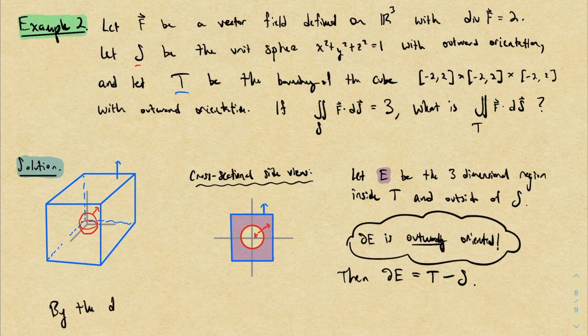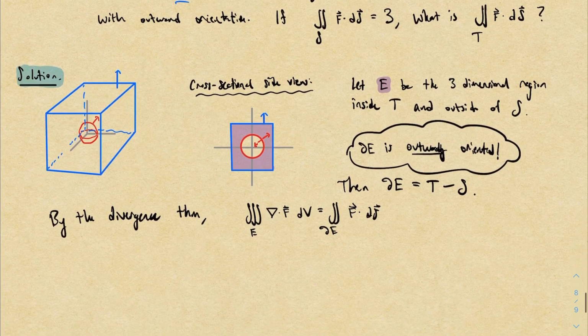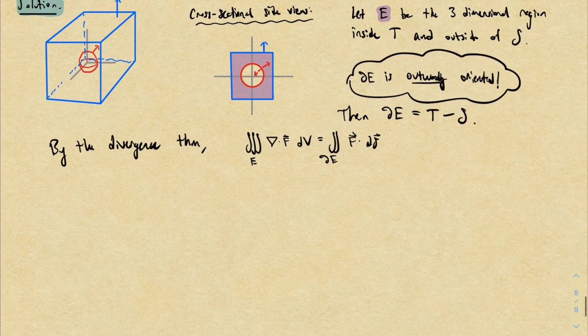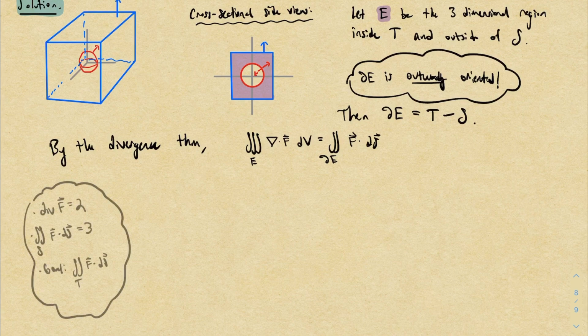Now by the divergence theorem, we can say that the triple integral over E, over this purple region, of the divergence of f is going to be the surface integral of f over the boundary of E. One of the things that we're told in the problem is that the divergence is 2.